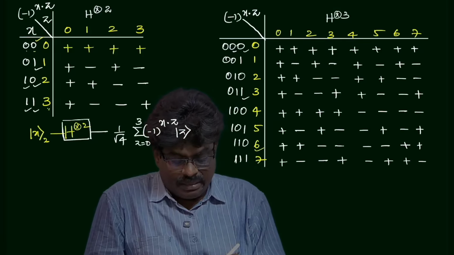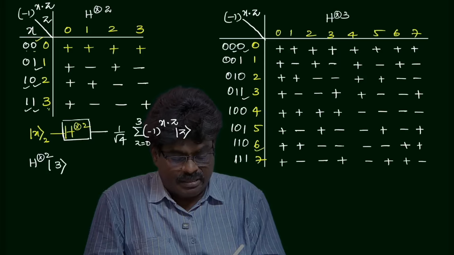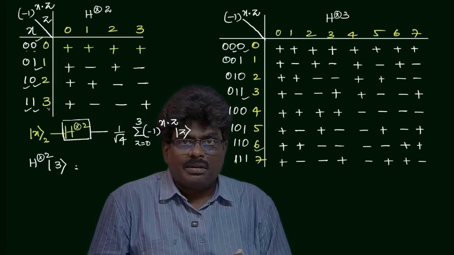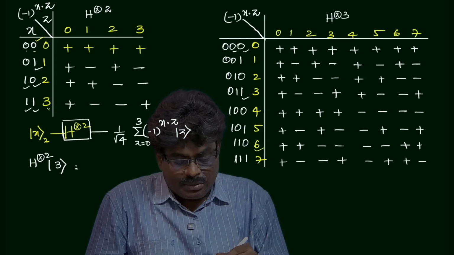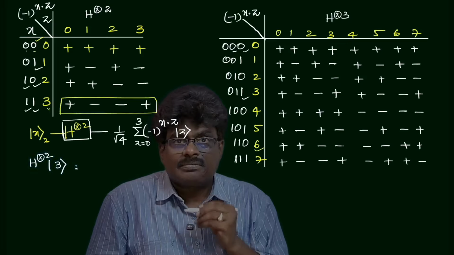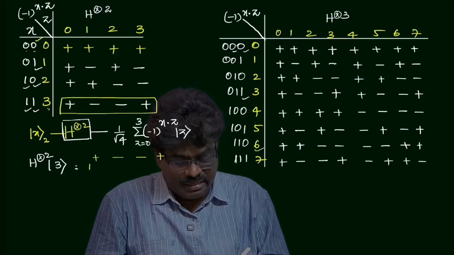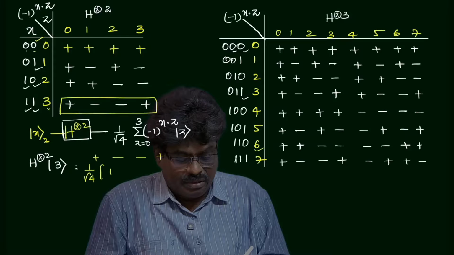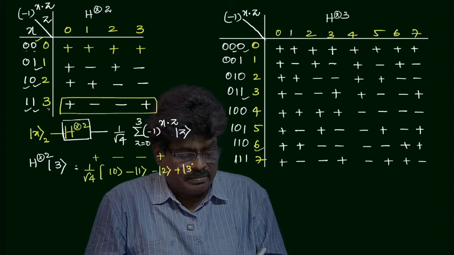For example, I would like to find H tensor 2 operating on 3. You need not find these phase factors separately. Directly take this, that is plus minus minus plus, so 1 over root 4, 0 minus 1 minus 2 plus 3.